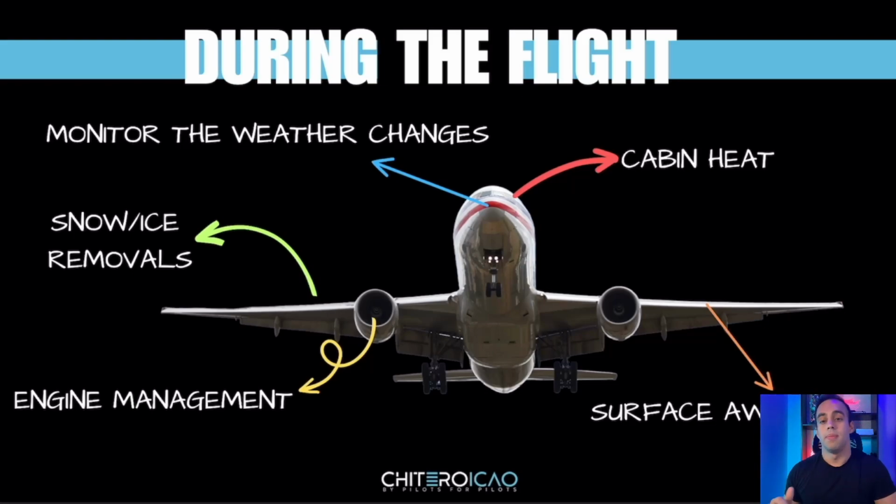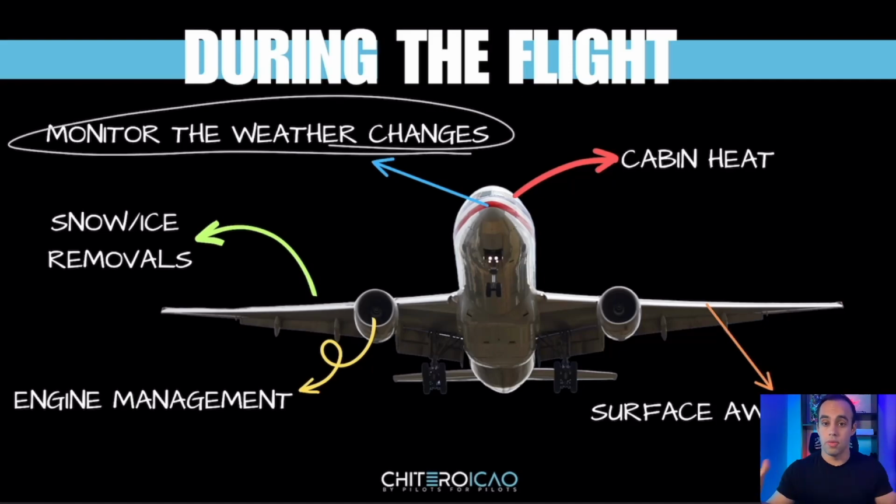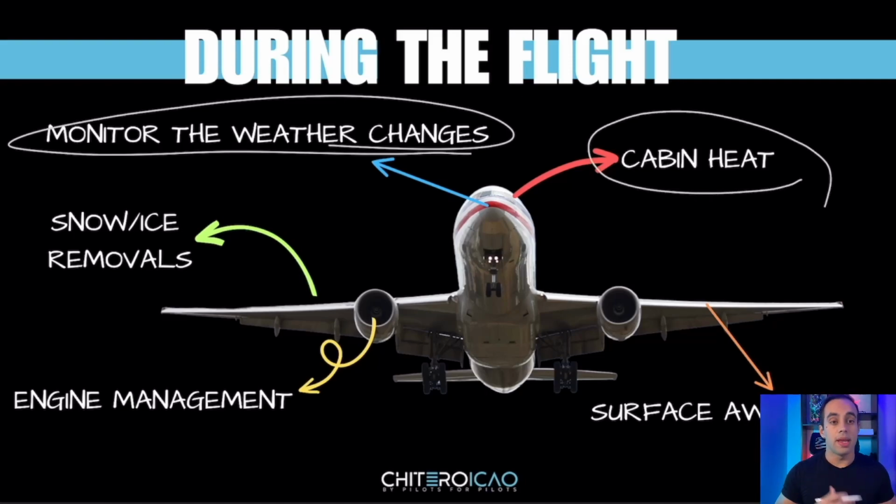Basically, when we are flying and we are already in those cold weather limitations, we first need to monitor the weather changes. Of course, we keep an eye on that. That's why I put the arrow here on the radar. Then we need to worry about the cabin heat. Why am I telling you this? This is something I'm very passionate about because I suffered this a lot. We focus so much on the airplane, right?